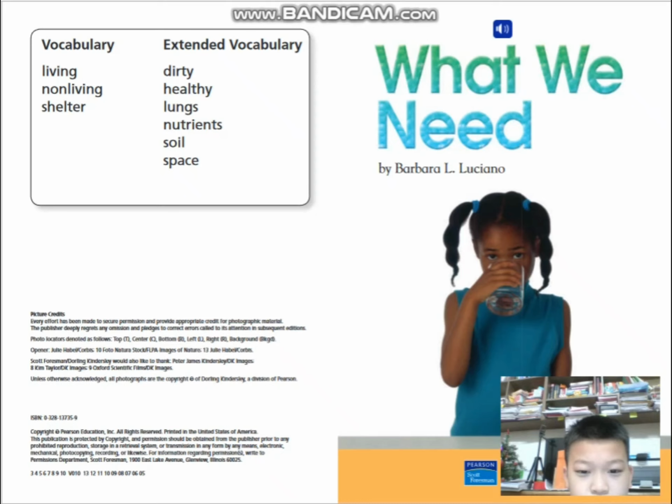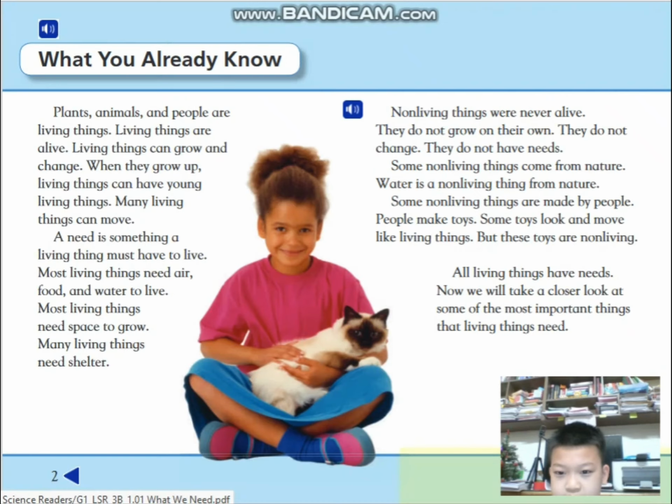But at the right here are some more new words, in another vocabulary called the extended vocabulary: dirty, healthy, lungs, nutrients, soil, and space. So are you ready to read the book? Let's do this.